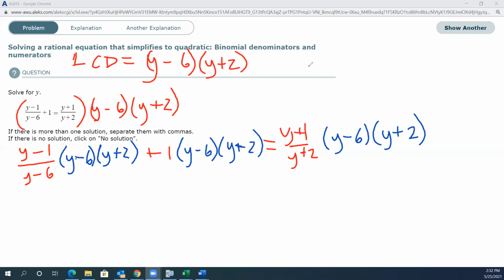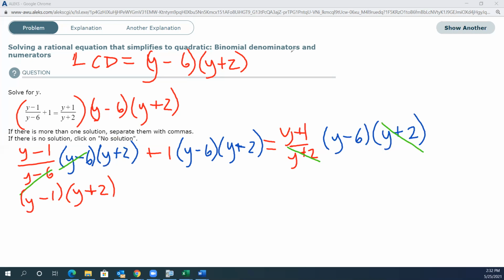Okay, so we got that. Now, the whole point of multiplying everything by the LCD is to get rid of the denominators, to rewrite the equation so there are no fractions. So at this point, all denominators should cancel away, so that we are left with (y minus 1)(y plus 2). That takes care of those.